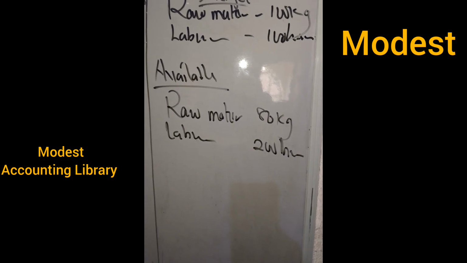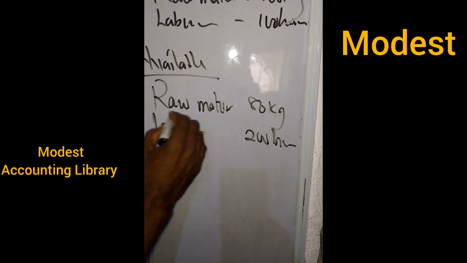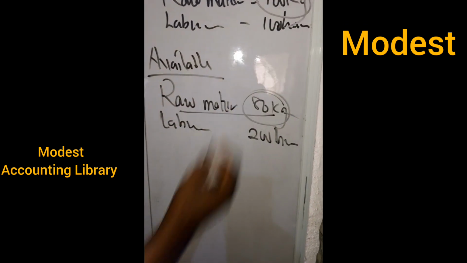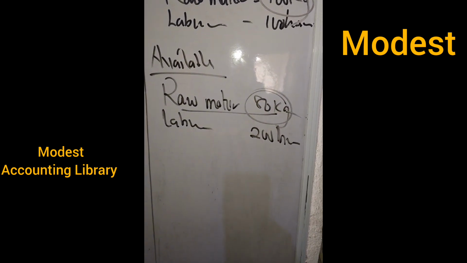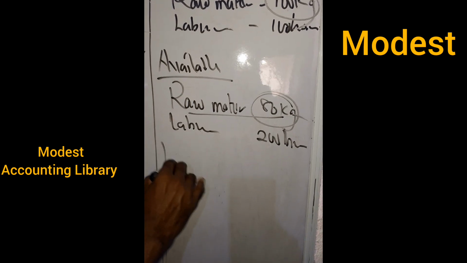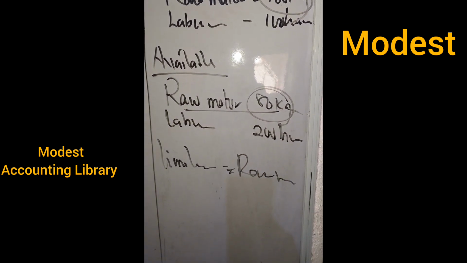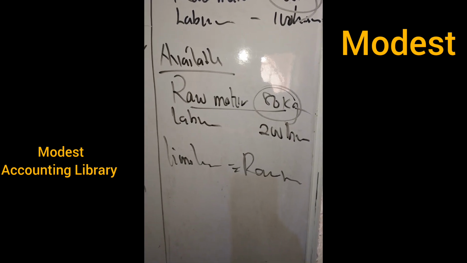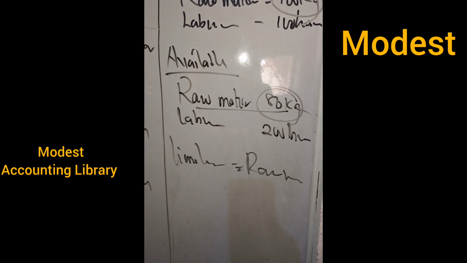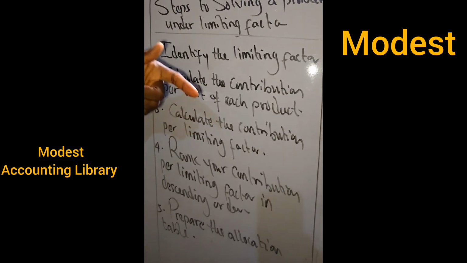Comparing this budget to what is available, you would clearly see that for raw materials, what is available is 80 kg, however what is required is 100 kg. So the constraint or the limiting factor here is raw materials. The first thing to do is to identify the limiting factor or the constraint, and that is when you can further go ahead.